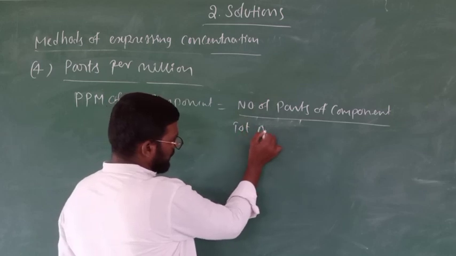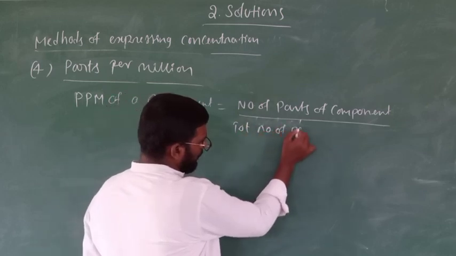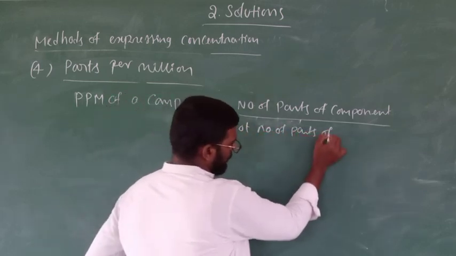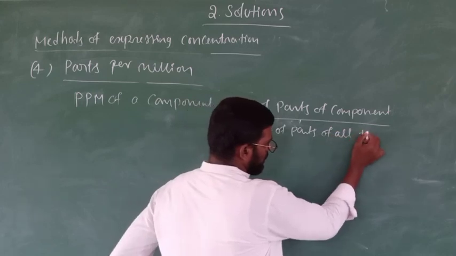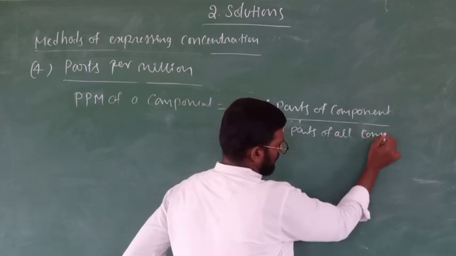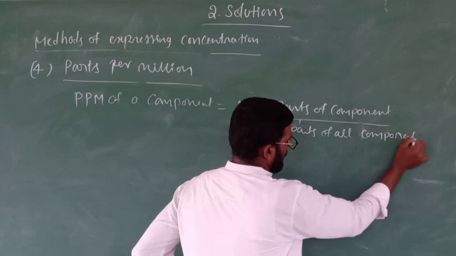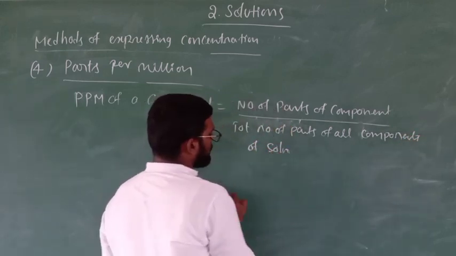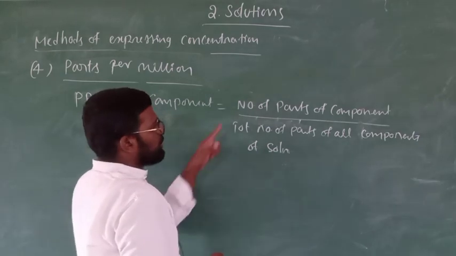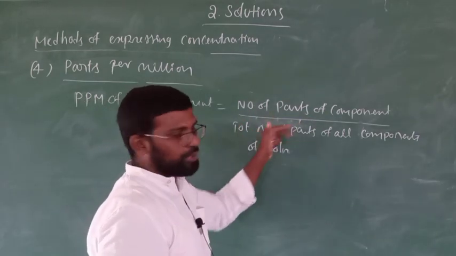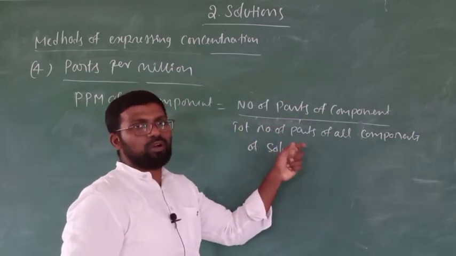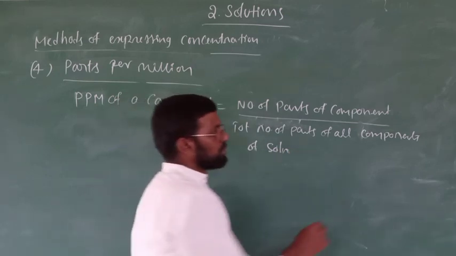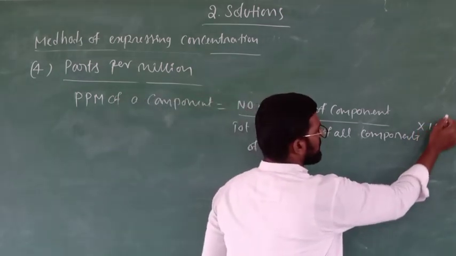Total number of parts of all components of the solution. See here, number of parts of the component by total number of parts of all components of the solution into 10 power 6.